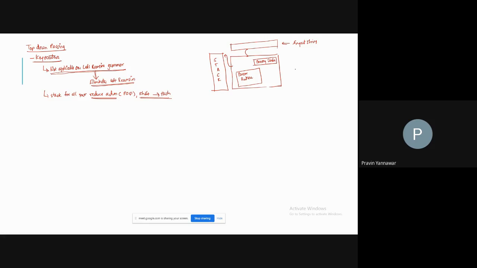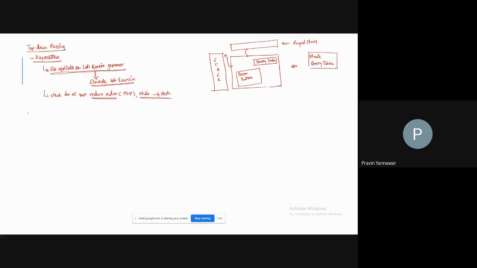So the key pointer is, when you go for top down parsing, you need to represent the stack, and you need a parsing table also. So you have to go for the stack and the parsing table, don't forget this. Your input string is going to be here.